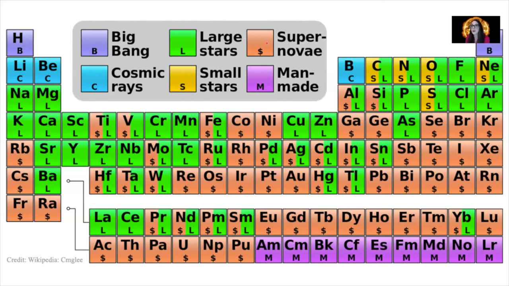And now we're on what we think is the third generation of stars, which we call population 1. These stars are the more recent stars that have been born in our universe, and they have the highest metallicity. And again, metallicity means that they just have more material in them other than just hydrogen and helium.